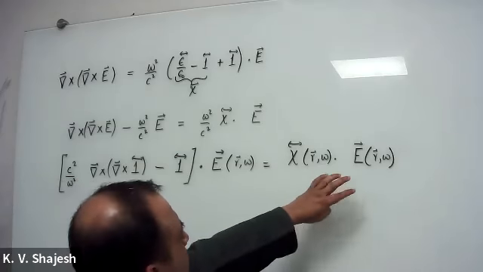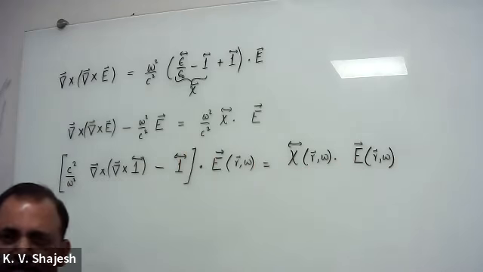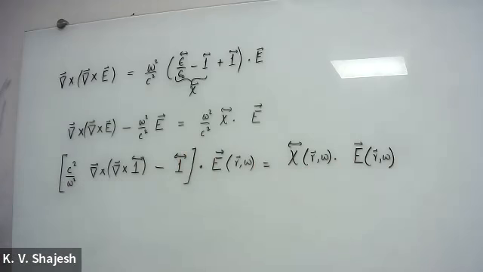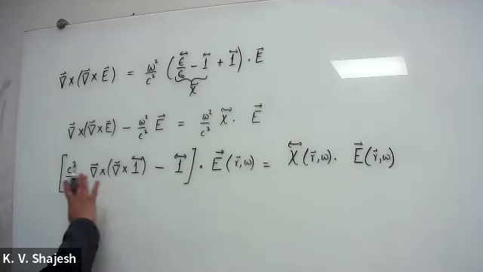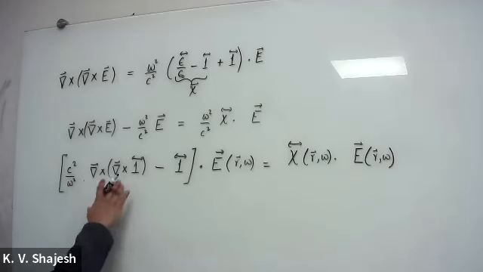But we still need to process this because there is an electric field on both sides at this point, and it's not ready for us to put into the configuration we are interested in. There's one thing we can do, and that is, let's rewrite this a little bit. This is a cross product, right?